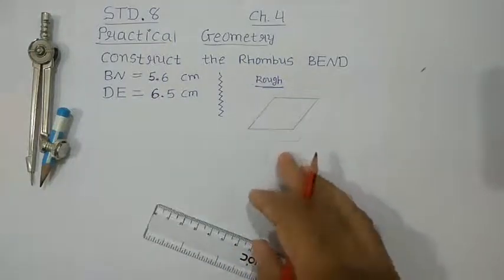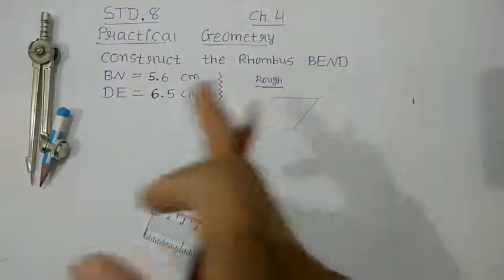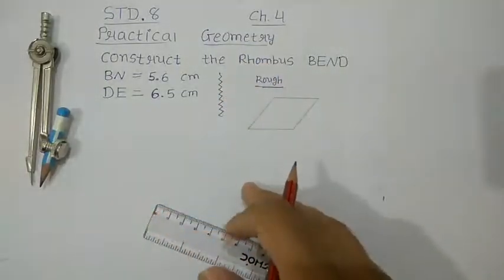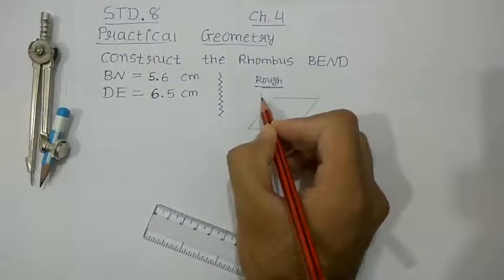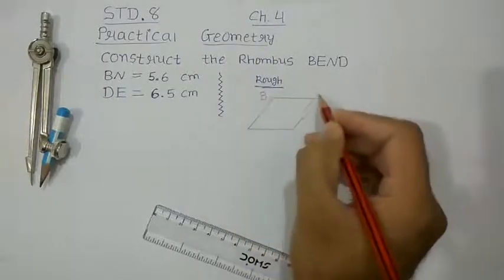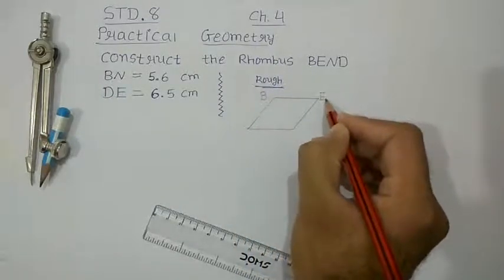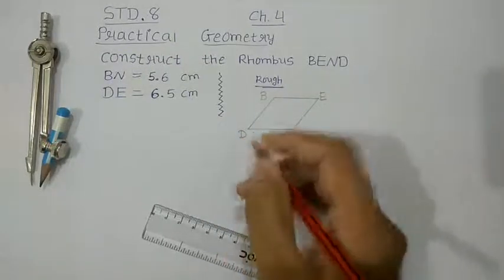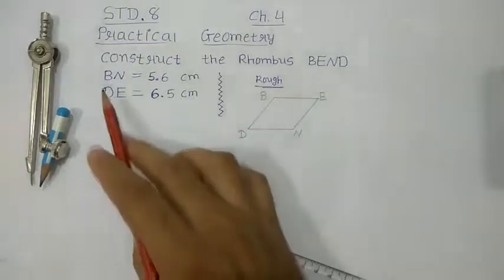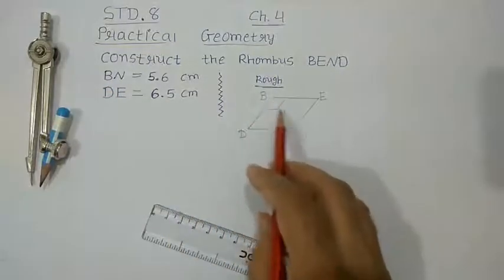Give it the name. We can give it in either clockwise direction or anti-clockwise direction. Okay, so let us give it the name in the clockwise direction. So this is point B, this is point E, this is N, and this is D. Now see, BN is given. What is BN?